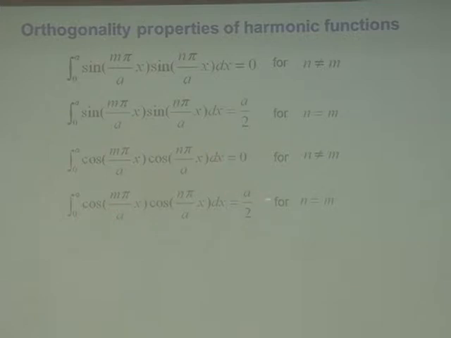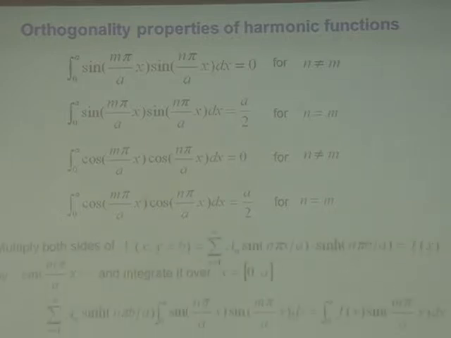And if n equals m, then this integration gives you a over 2. And you have done this before for the Fourier decomposition. 傅立叶分析里头你都学会这个，这个其实是傅立叶分析的一部分。那我们不谈傅立叶分析，我们把它叫做这个正交的特性 (orthogonality property of harmonic functions)。Well, this property will allow you to calculate the coefficient an.